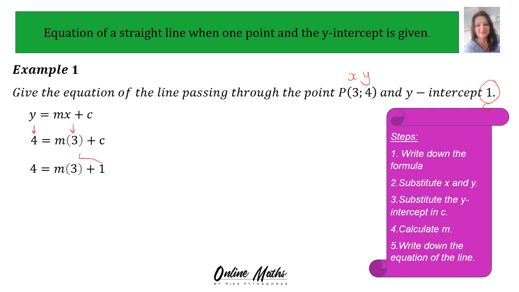The 1 will walk across and it becomes -1. 4 minus 1 is 3, and then let's solve m. m is equal to 1. Therefore, the equation for the straight line is y is equal to 1x plus 1.